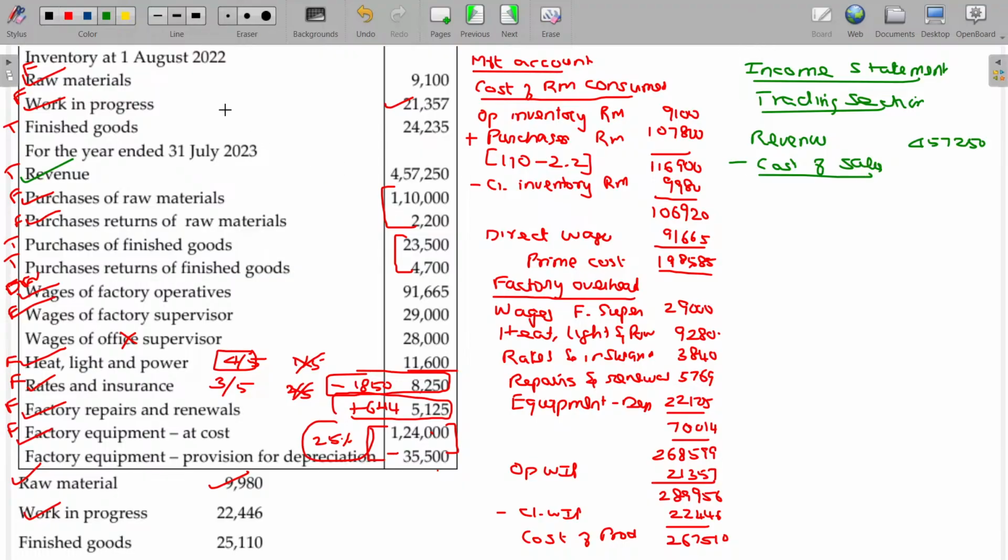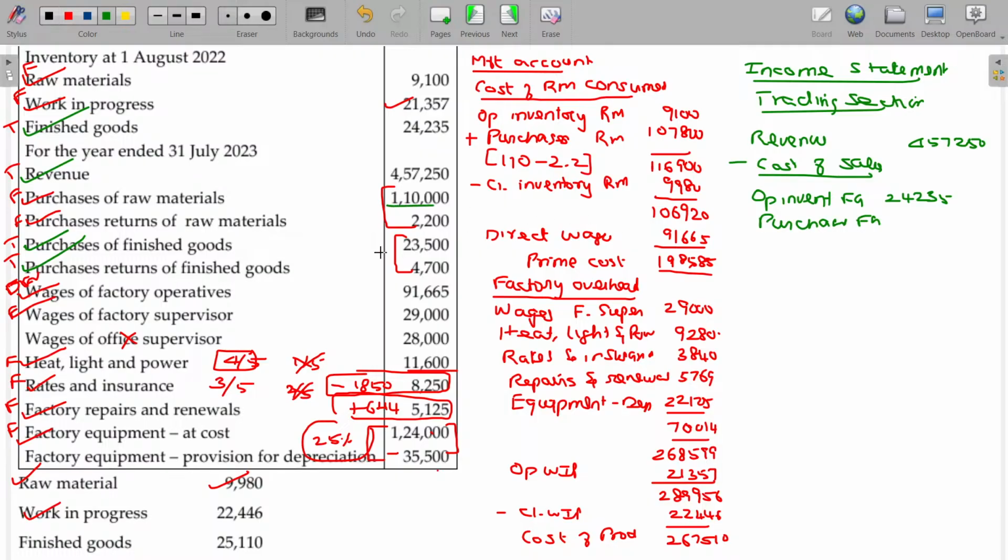Under cost of sales, opening inventory of finished goods, 24,235, and add purchases of finished goods, where returns, if any, should be subtracted.